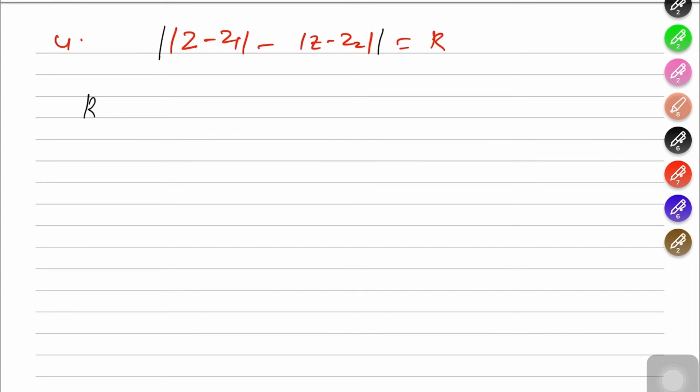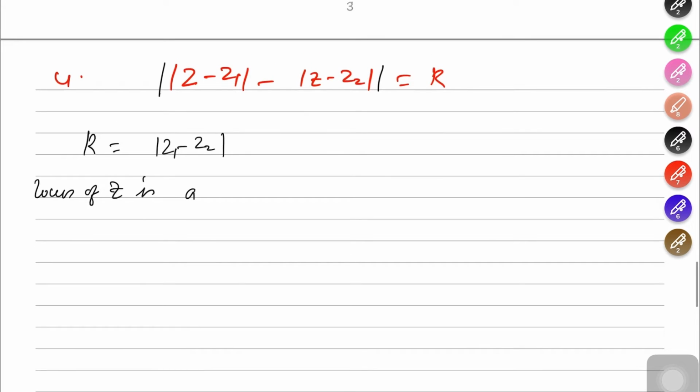Okay, what if K is Z1 minus Z2? It is a line, but which kind of line? Basically, the locus of Z is a ray originating or emanating from Z1 and Z2.